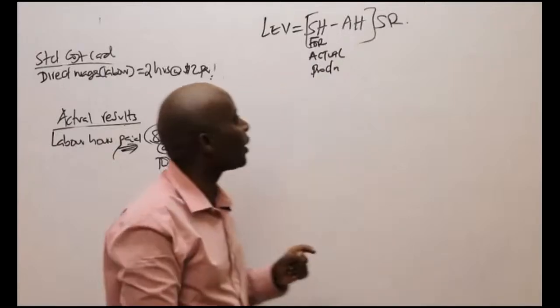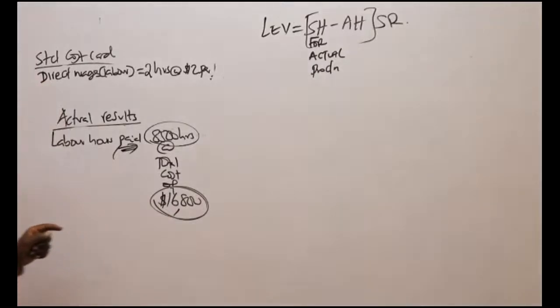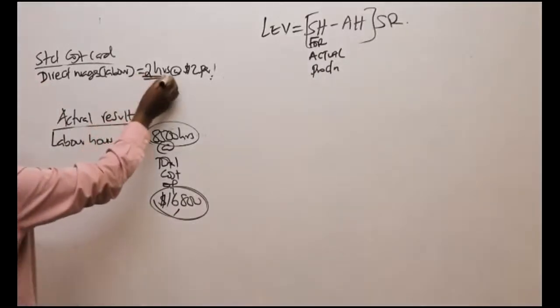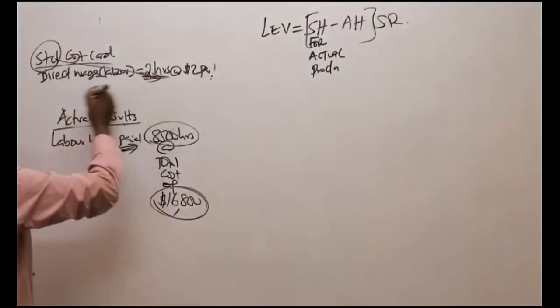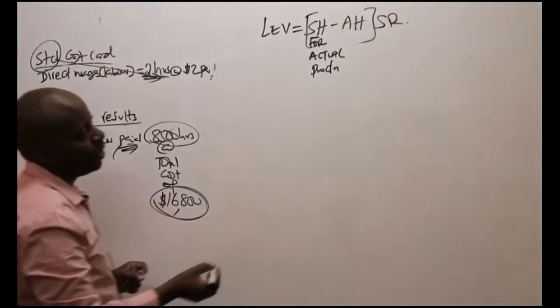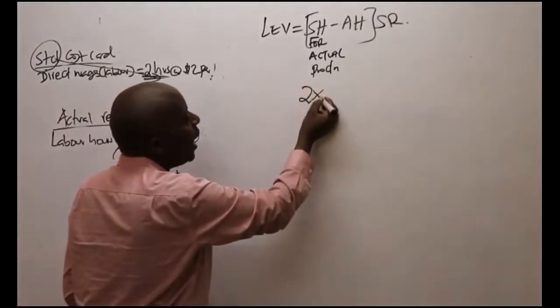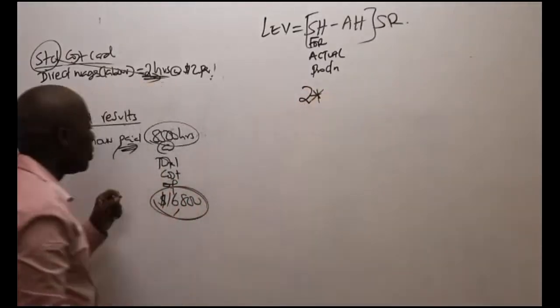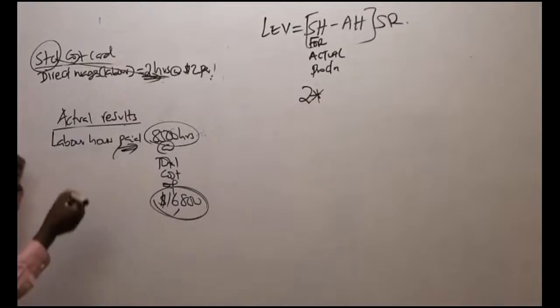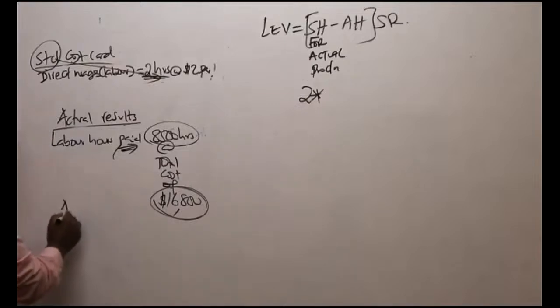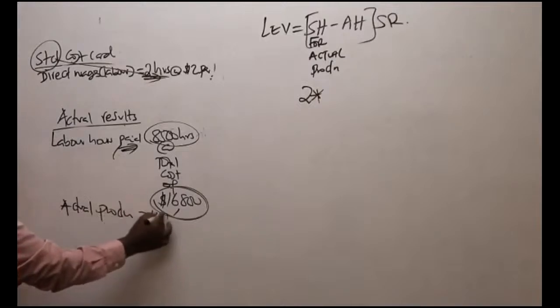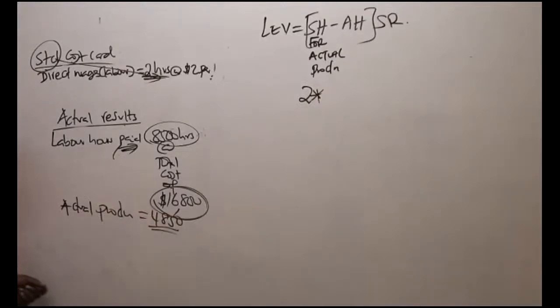So please go to your standard cost card. You are able to see the standard hours here are 2. But now remember, because of the word actual production, you must look for the number of units that were actually produced. And if you remember very well, we had this figure where we said the actual production was 4850.